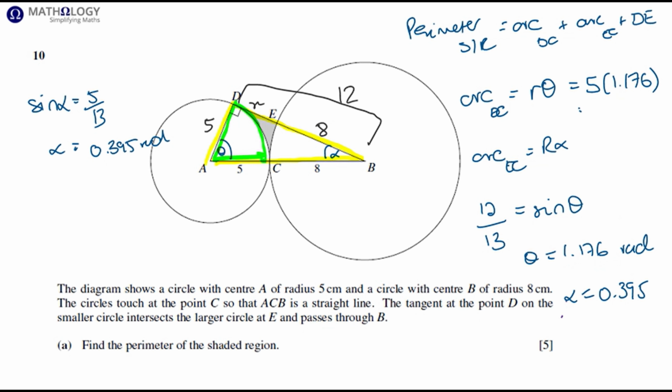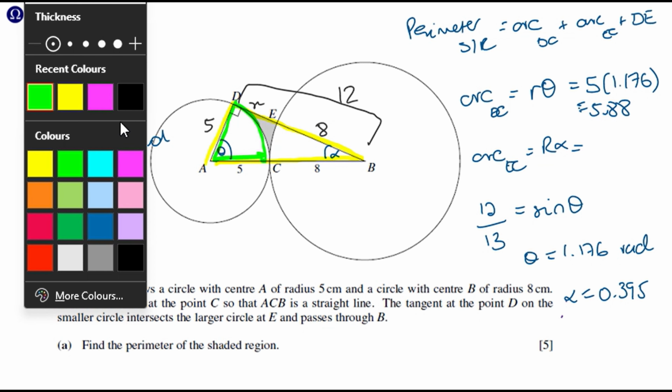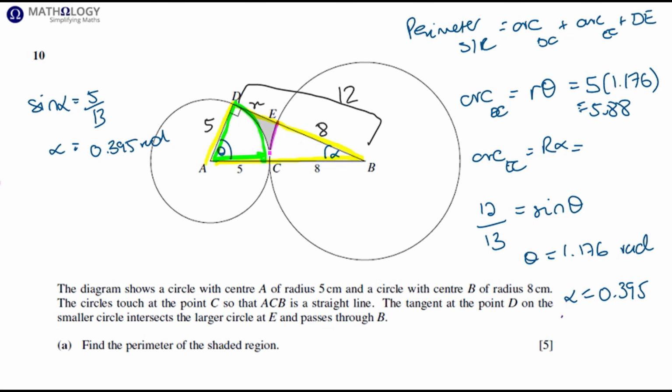So the arc length DC is 5.88, and similarly the radius for the arc length for the sector BCE, the radius is 8 and alpha is 0.395 radians.